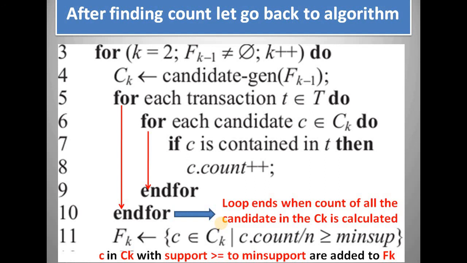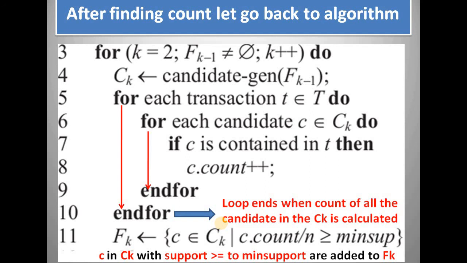After I have found the CK value, I have got the candidates from CK. What I would do is take each candidate in CK and calculate its count in the whole transaction.